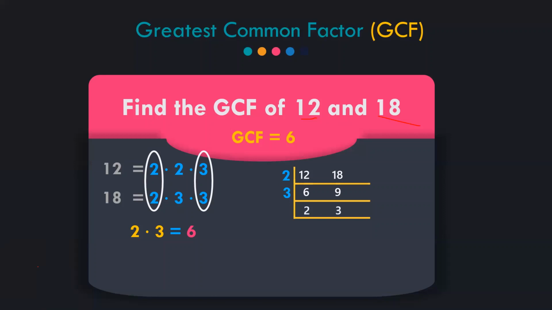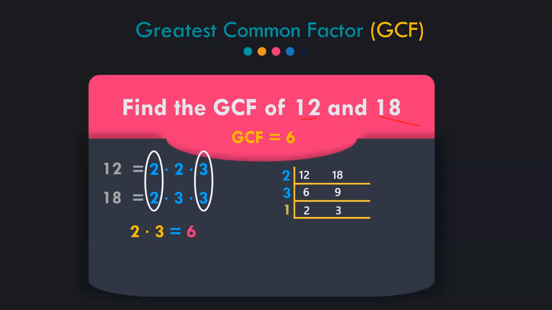And 9 divided by 3 is equal to 3. So, here we have 2 and 3. So, ang gagawin na natin ngayon again ay mag-isip tayo ng number na pwedeng mag-divide kay 2 and 3. And yung number na pwedeng makapag-divide kay 2 and 3 is 1.